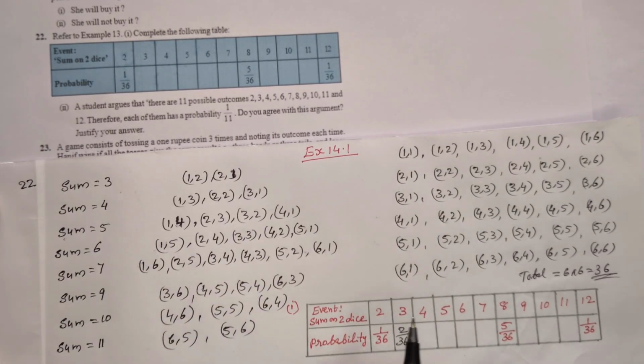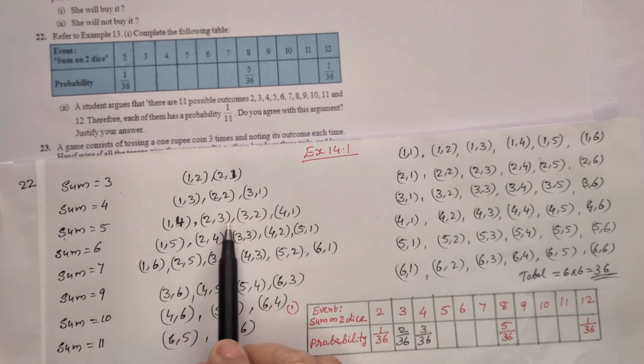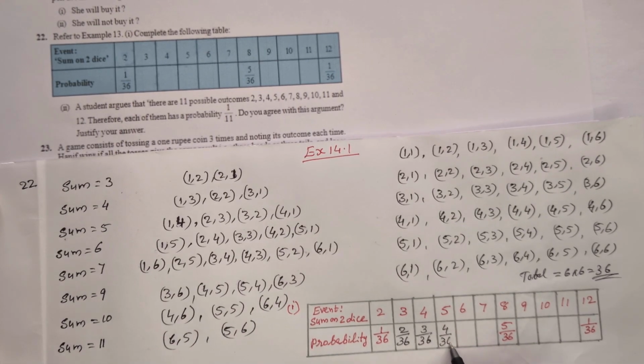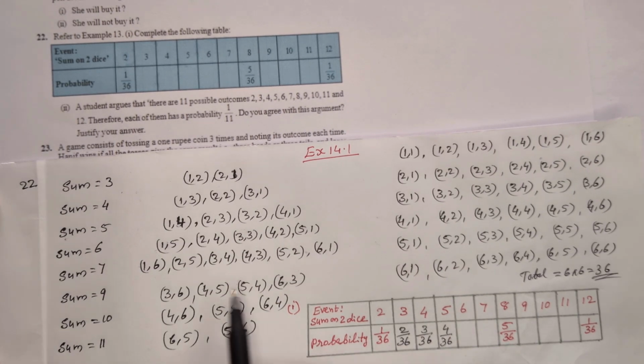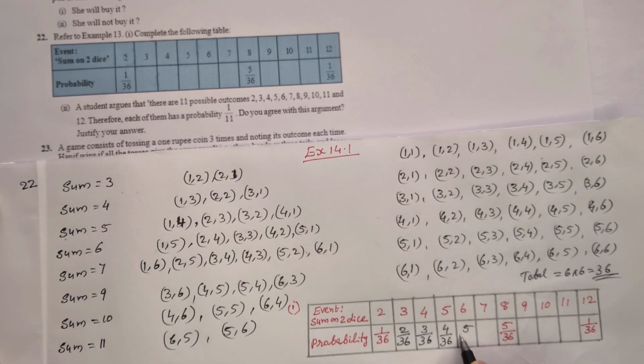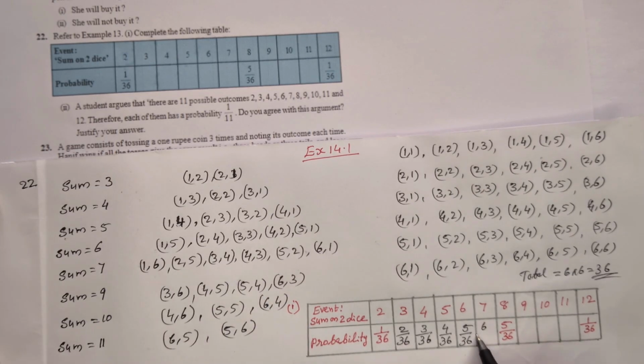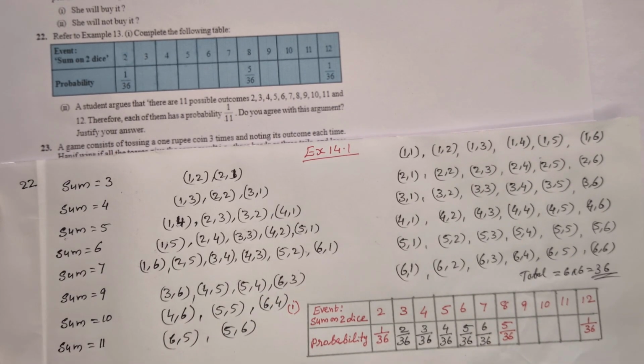Sum is 4, 3 are there, so 3 by 36. Sum 5, 4 are there, so 4 by 36. Then 6: 1, 2, 3, 4, 5, 5 are there, so 5 by 36. Then 7, 6 are there, 6 by 36.